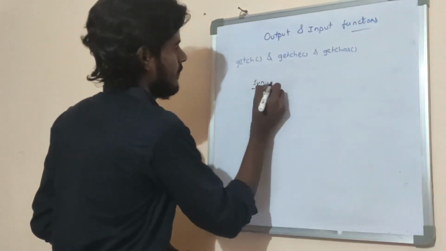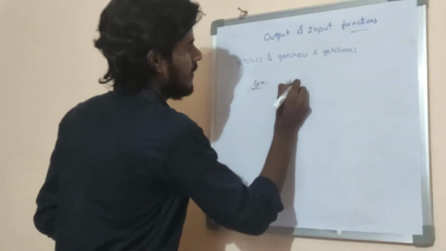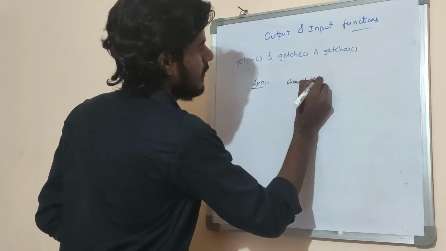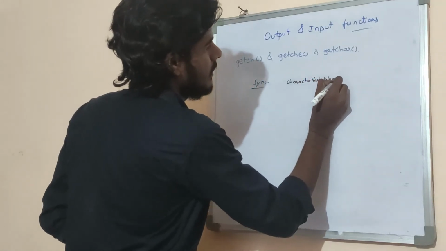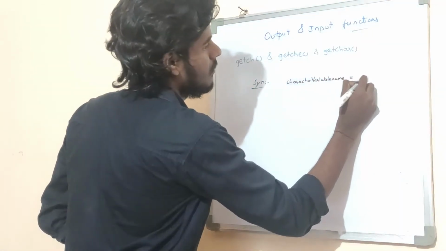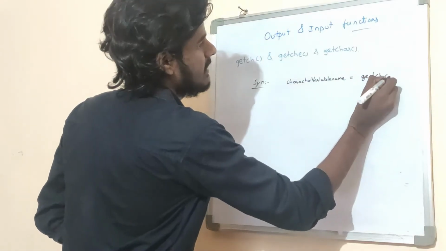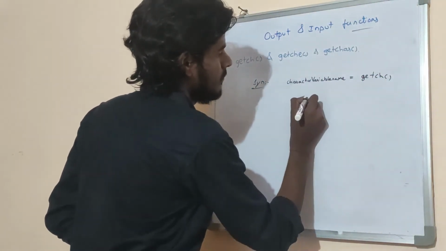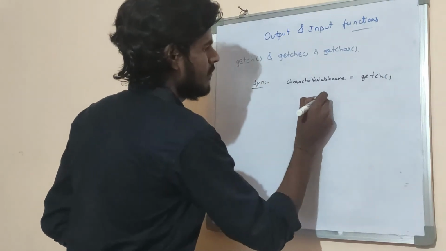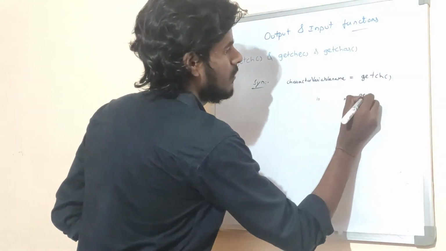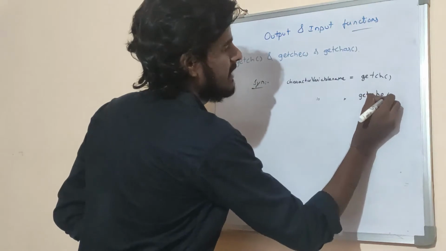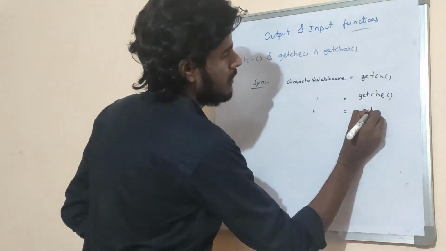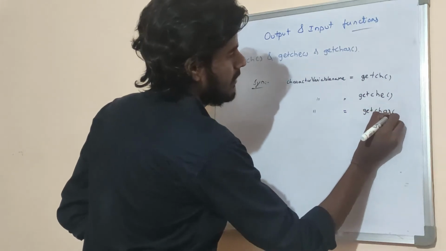Okay, what is the syntax? Character variable name is equal to getch. Same, character variable is equal to getche. Character variable is equal to getchar.